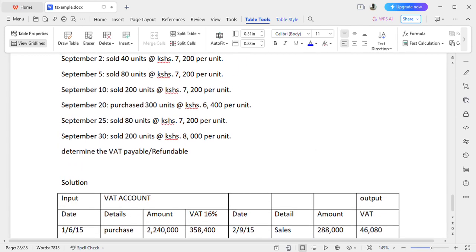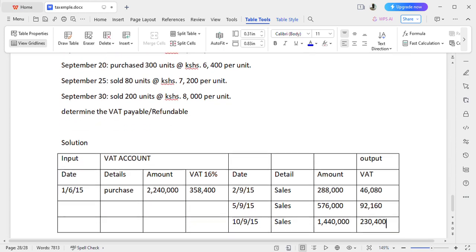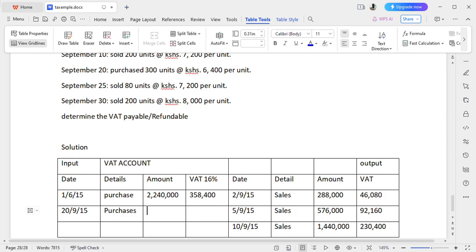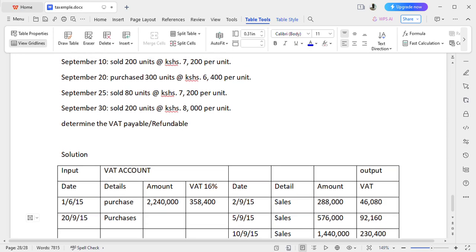Right. Now on the 20th, purchase 300 units at 6,400. So on the 20th of the same month, of the same year, there is a purchase of 300 units at 6,400.